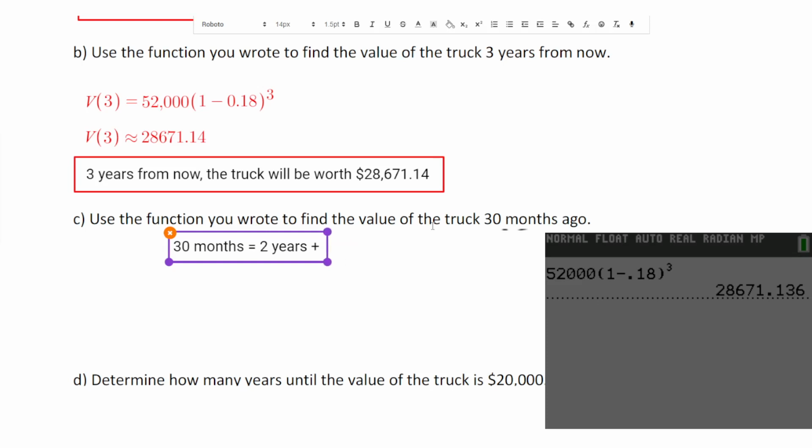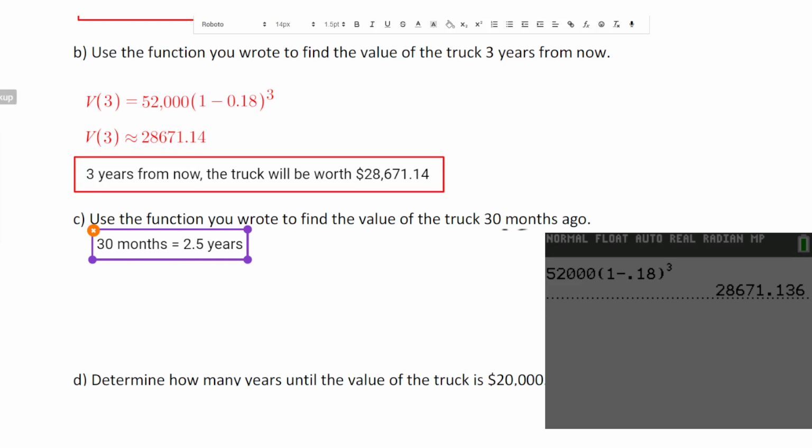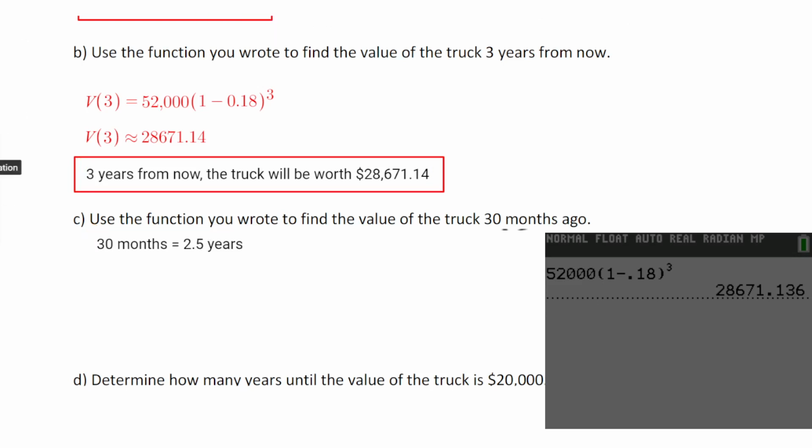So really, 30 months is going to be the same thing as 2.5 years. So we're going to plug in, actually not 2.5 years, because it's not 30 months from now, but rather 30 months in the past. So we're going to actually use negative 2.5 as the value that we're going to plug in here.